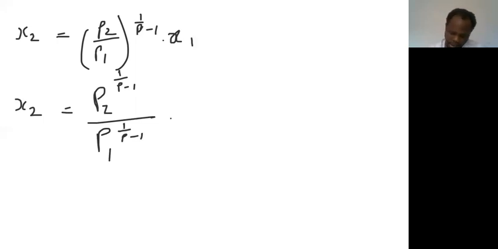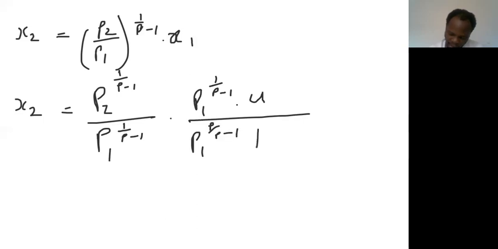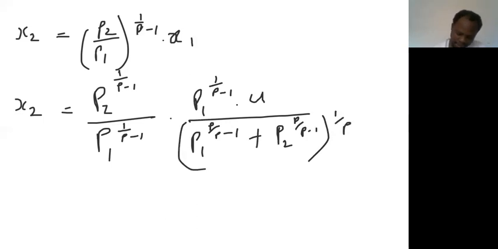We got x1 to be P1, 1 over phi minus 1, multiplied by U, all over P1, phi over phi minus 1, plus P2, phi over phi minus 1, all into bracket 1 over phi. Great. So this expression cancels this expression here.